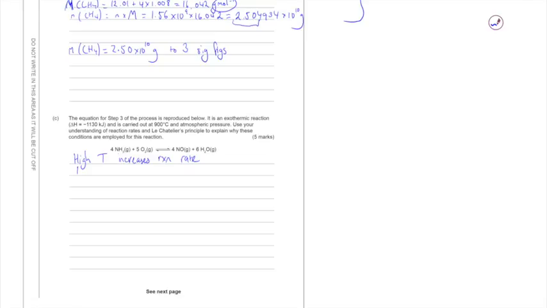However, low T increases yield. And how did I know that? Well, it's an exothermic reaction. So that means a lower temperature is actually going to increase the yield or favor the forward reaction, whatever way you want to look at it.